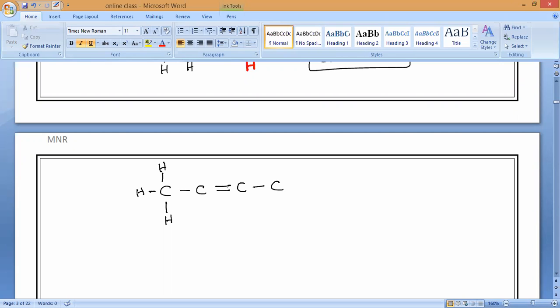See that only the double bond's position changes. Now, second carbon, how many hydrogens? 1 hydrogen. And last carbon again, 3 hydrogens. You must be able to write the condensed formula. CH3 single bond CH double bond CH single bond CH3.